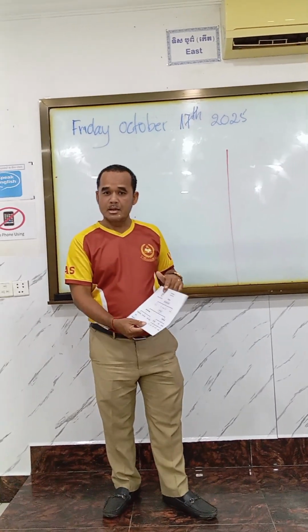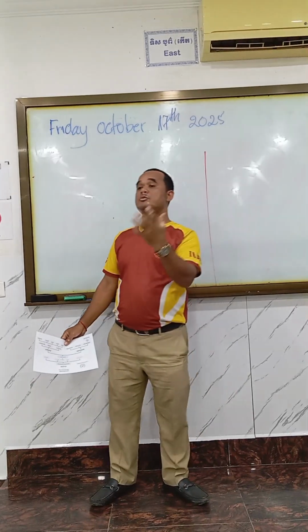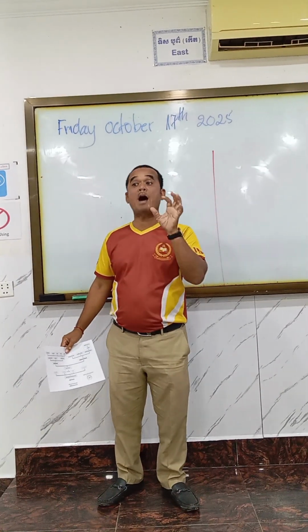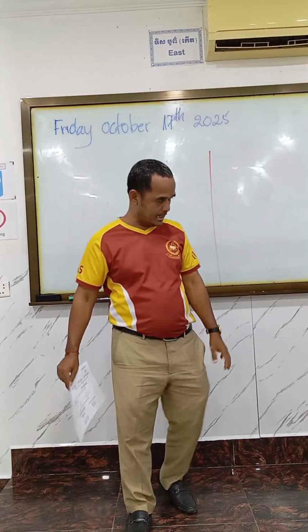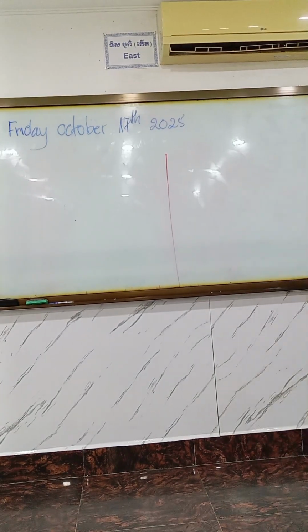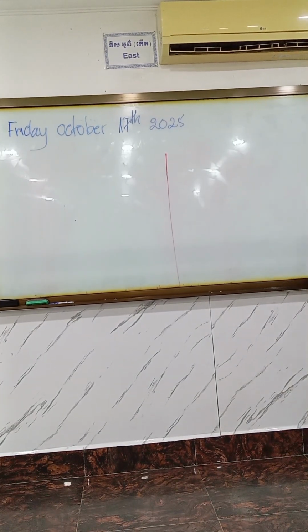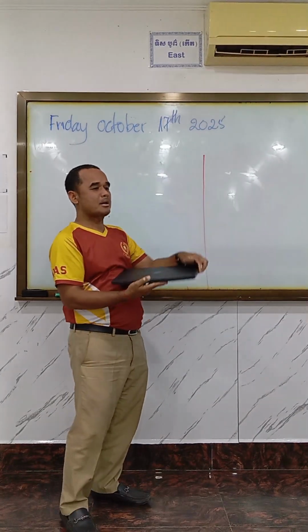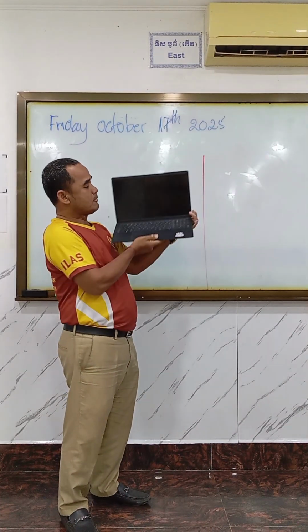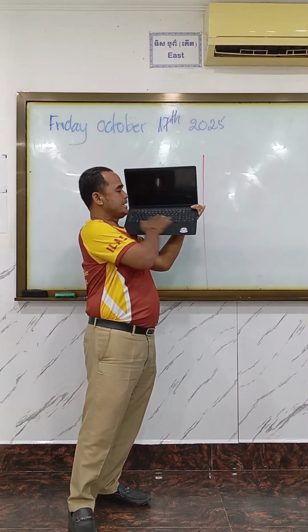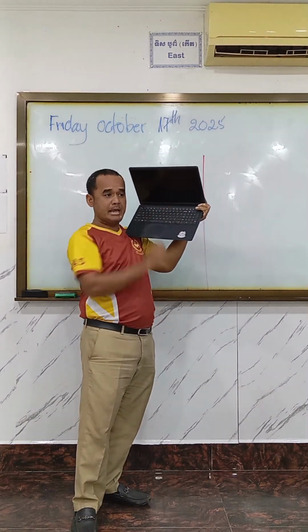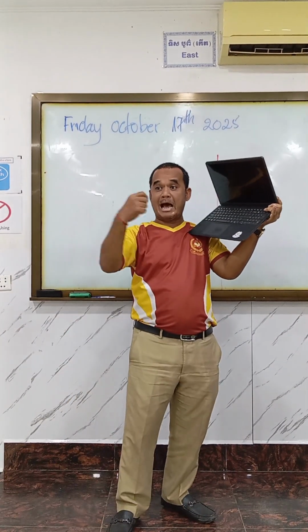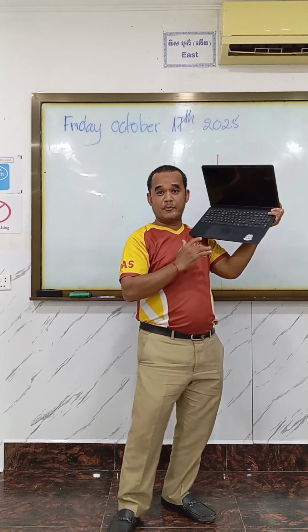Before you know a lot about the computer, you should learn how to use the shortcut keys. This is the keyboard. A desktop or CPU needs an outside keyboard before using the computer.